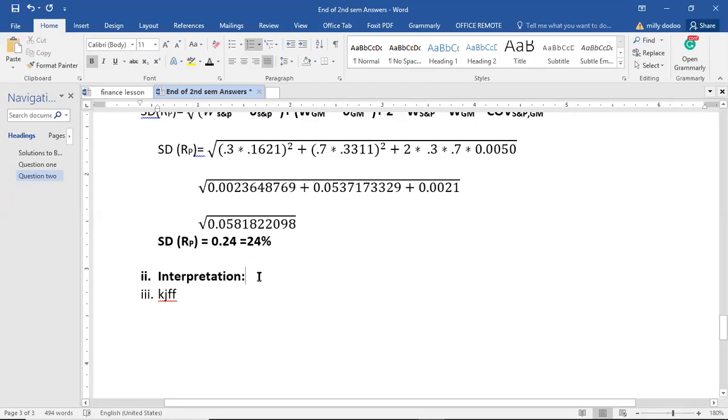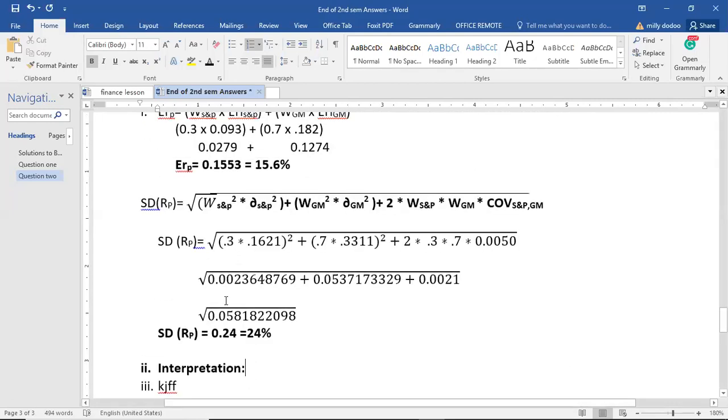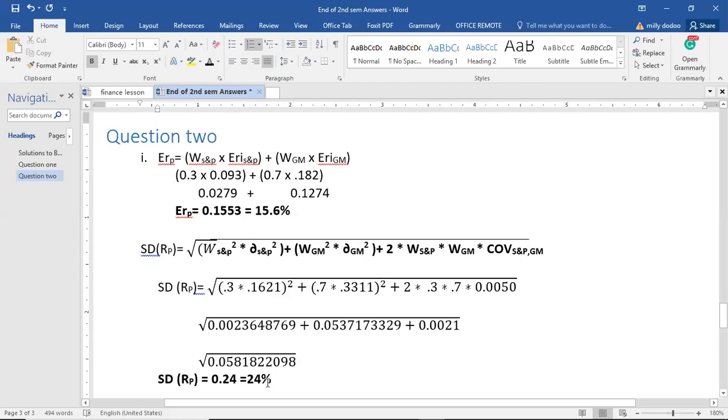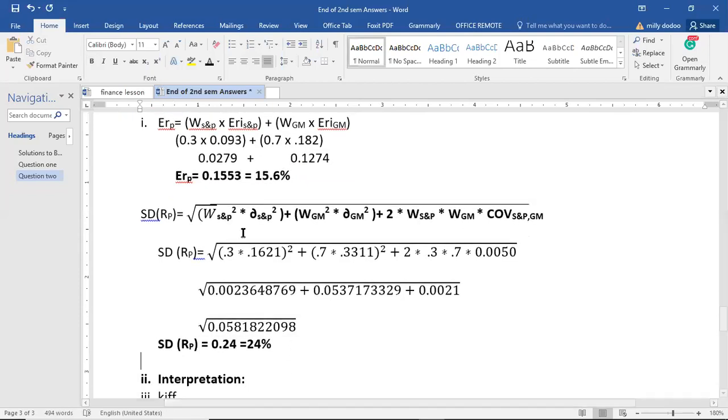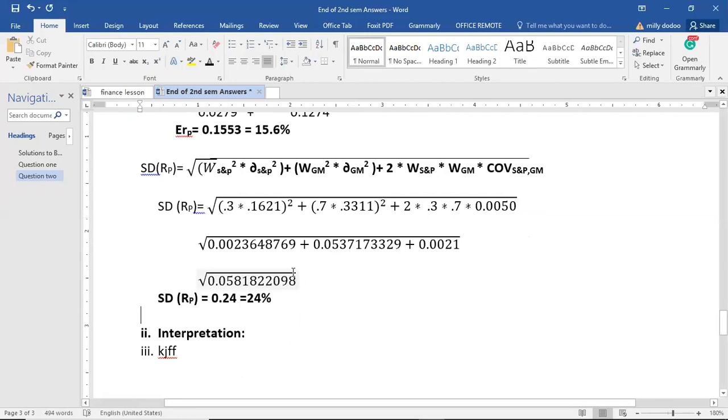Yes, interpretation, Mercy. Yes, this I'm not sure of myself. This 24%, what does it mean in relation to this 15.6? I'm not sure of myself.